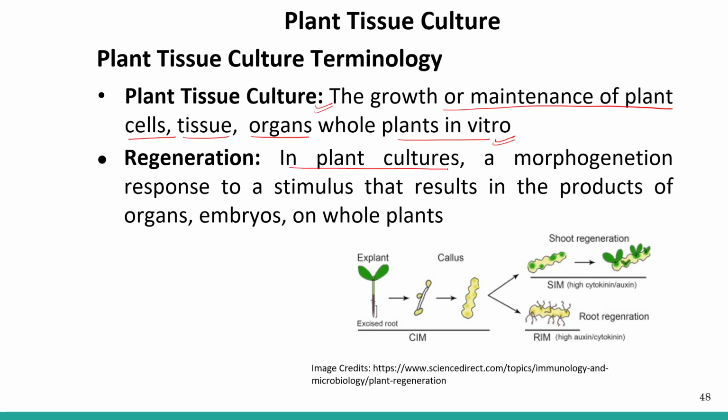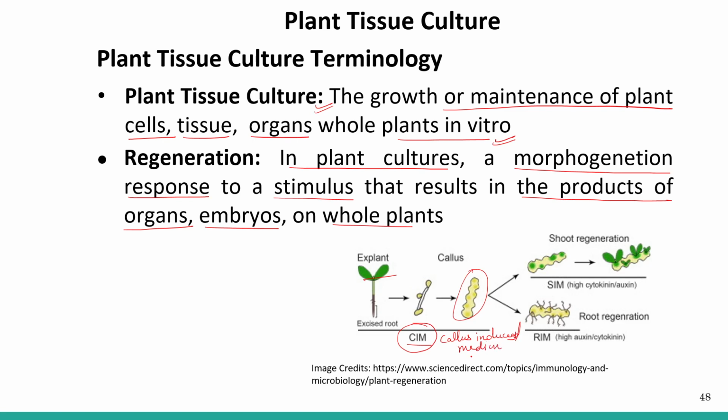Regeneration: in plant cultures, morphogenesis responds to a stimulus that results in the production of organs, embryos, or whole plants. Here we can see in the figure the explant, and this is the root part, and here we can grow a callus. What we are providing here is CIM, callus induced medium.